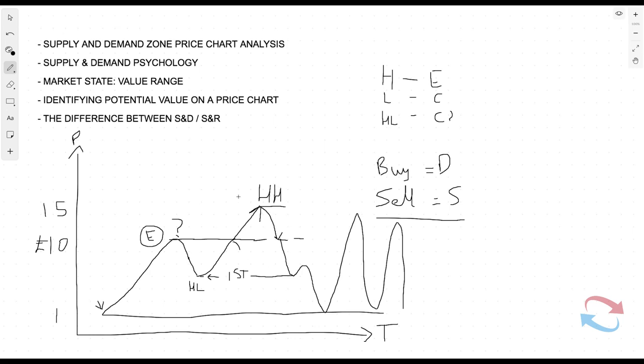They will see 15 as potentially the all-time high, with no more demand up here. If it comes down to 2 or 1, you'll get buyers who understand fundamentally that this is undervalued, and this is where they will start to pile in.